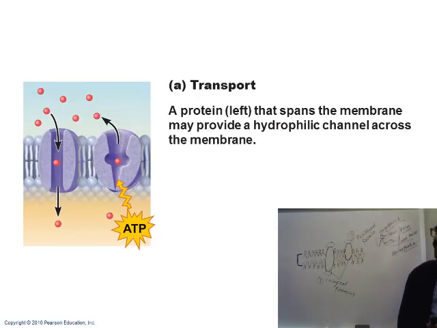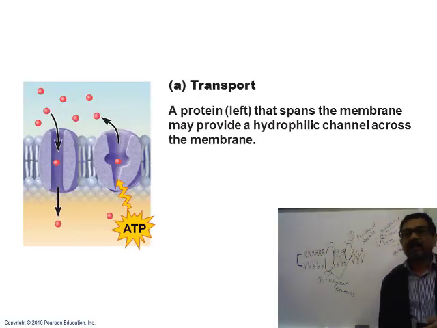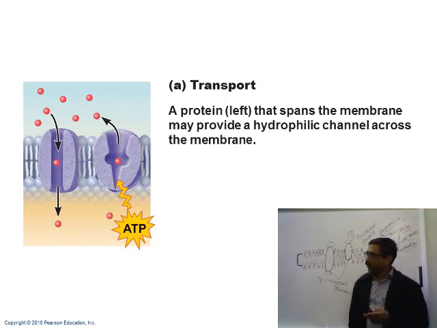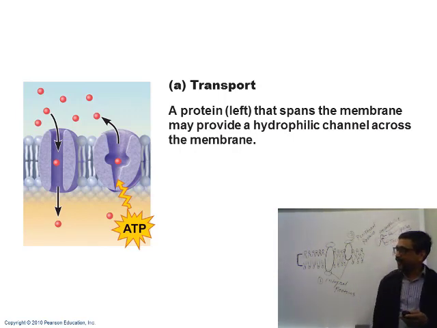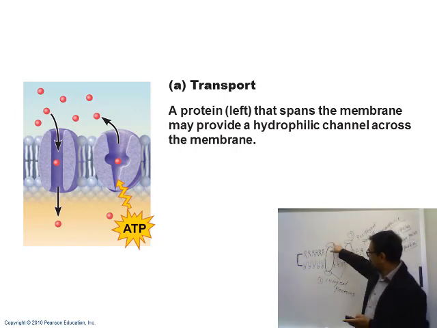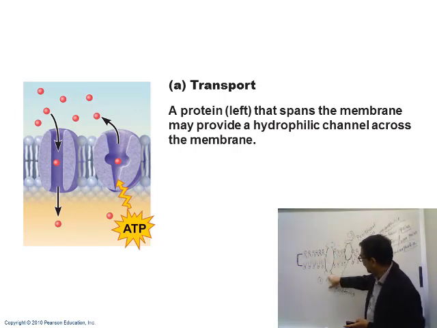Transport. How some integral proteins help in transport, you see here. Two integral proteins are shown, and in the left side one there is a channel through it like this, and this channel always remains open.